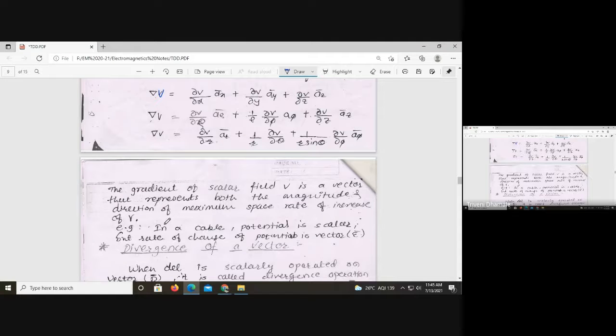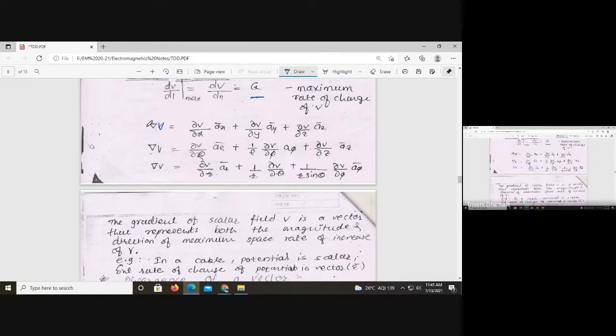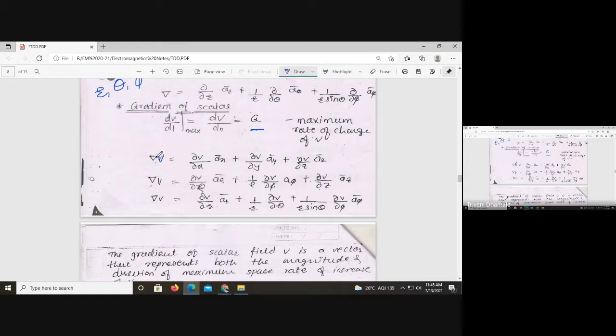And the formula is del V. Simple: in the del operator formula, put V. It is a scalar quantity, and there is no dot or cross product.